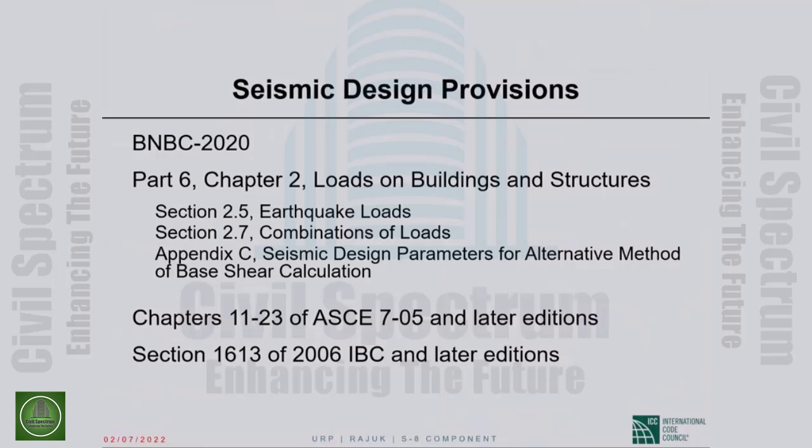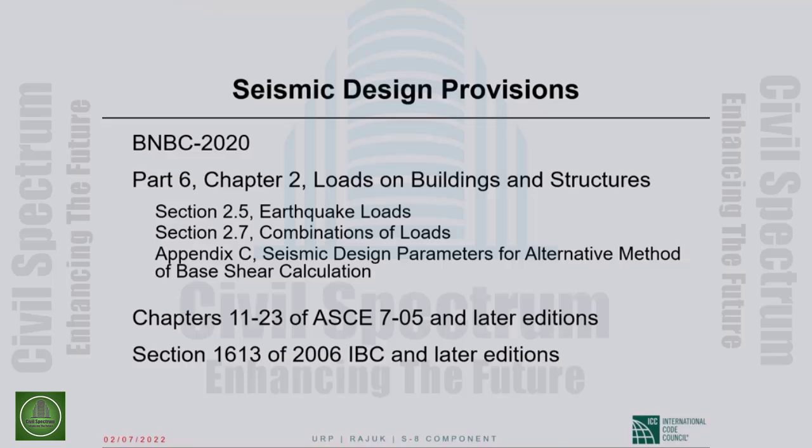Okay, the code Part 6, Chapter 2 is loads on buildings and structures. Within that, section 2.5 is earthquake loads. So that is essentially our section today. Part 6, Chapter 2, section 2.5. Section 2.7, which we discussed last week, combination of loads, obviously gets into the picture if we want to do design.